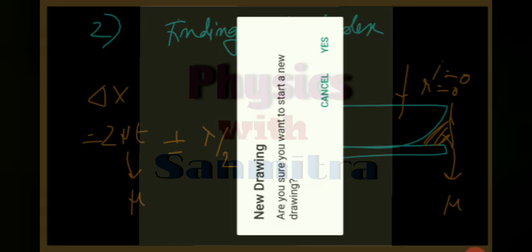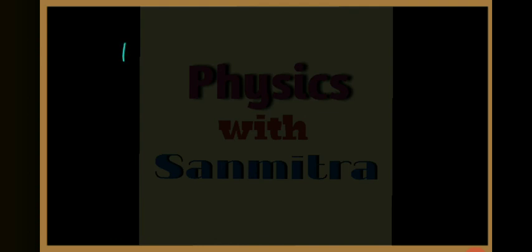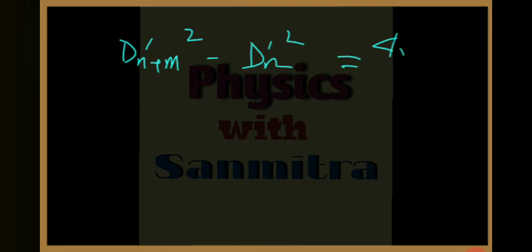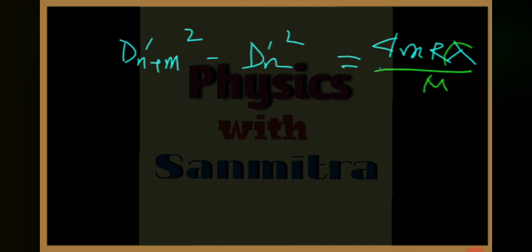So if I keep it as mu, then what will be my final expression? See, I am writing d of (n plus m) dash whole square minus dn dash whole square. That will be 4mr lambda, that is n plus m minus n. The same thing as the last one, there will be an additional term divided by mu, because this lambda will change that time, because we did not take this mu. 2 mu t plus minus lambda by 2 is equal to this, so we did not take this.